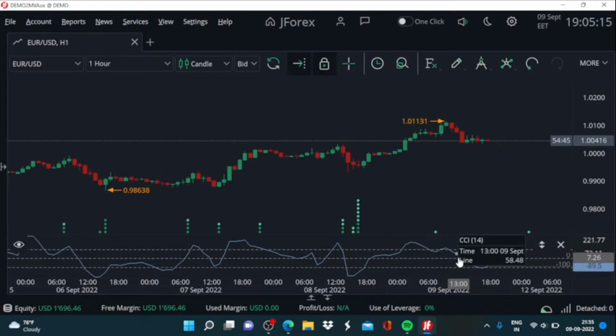If the current price or the recent price is above the average price, then we will be having the output of this indicator, CCI, in the positive territory. If the output is in negative territory, that means the average price of the underlying instrument, Euro USD in this case, has been on the lower side. The closing price has been below the average price for the current candle or the last candle, whichever candle you are looking at. So that's how this indicator works.